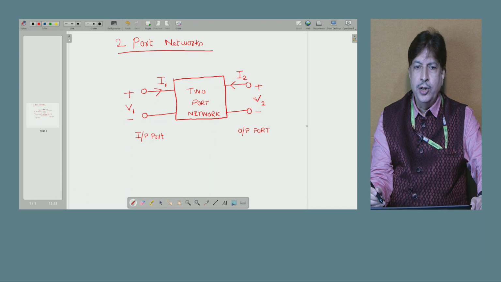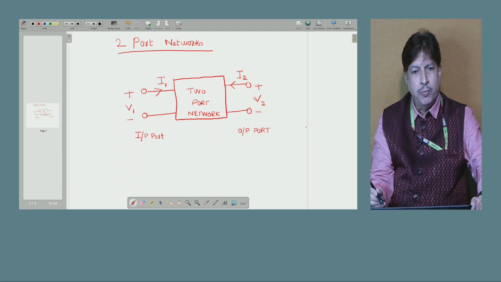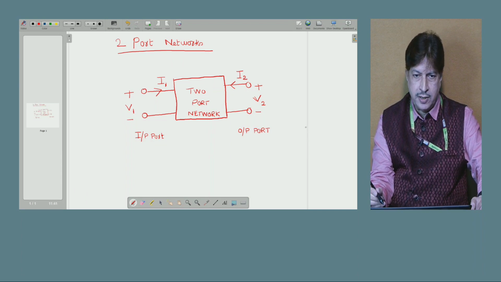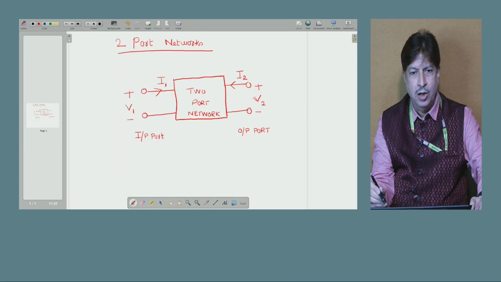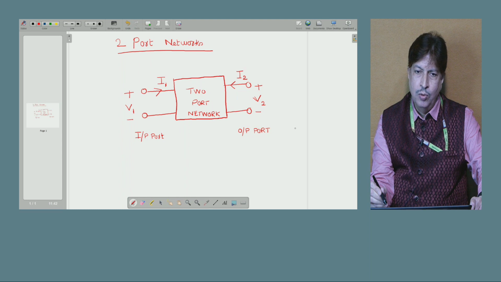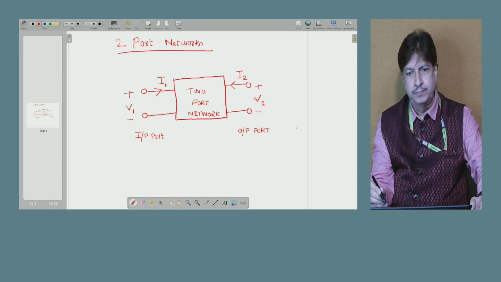You also need to note an important observation here with reference to the directions of the currents I marked. The conventional practice of representing the port currents is like this. That means I1 and I2 both are shown into the network.